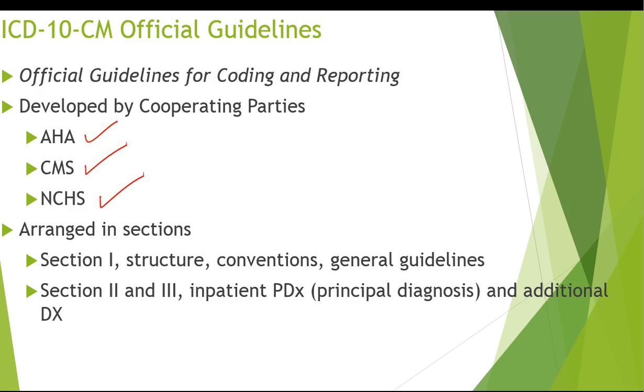So it gives you the roadmap, what different things mean, as far as the colon, the parentheses, brackets, and then just the general guidelines. Section 2 and 3 deal mostly with inpatient principal diagnosis, but it also has some information about additional diagnoses.